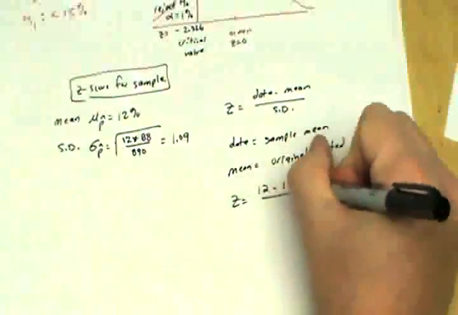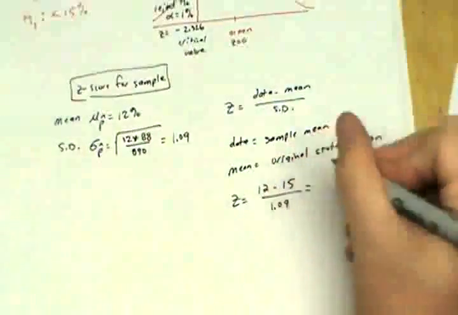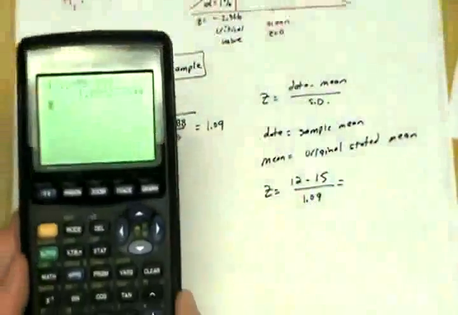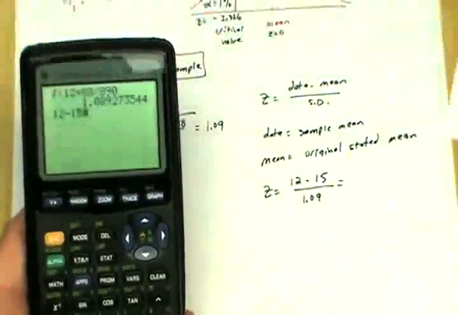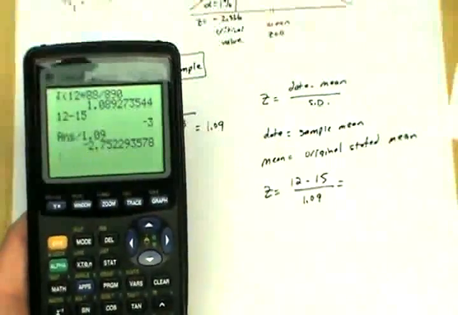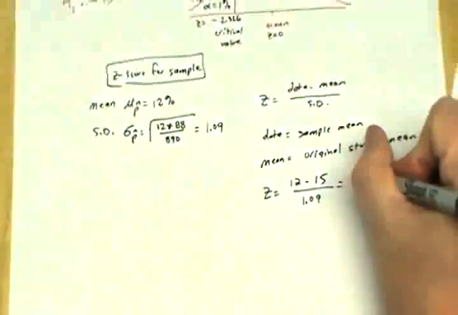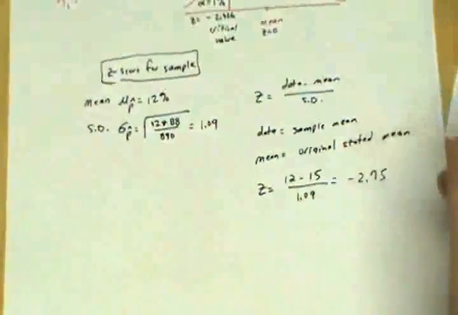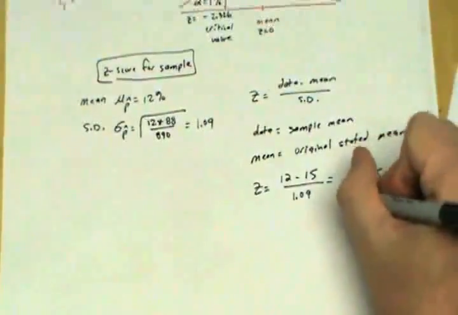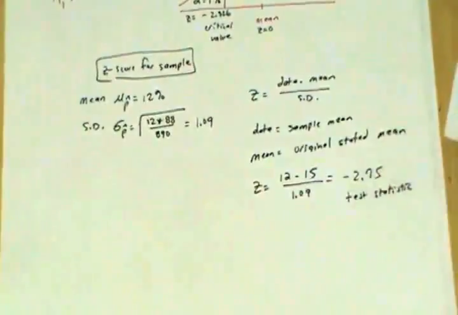Originally it was said to be 15%, and we're going to divide that by 1.09. So in our calculators, we're going to put in 12 minus 15, divided by 1.09. We're getting back negative 2.75. That is the z-score for our sample, and specifically for our hypothesis testing, that is called the test statistic.